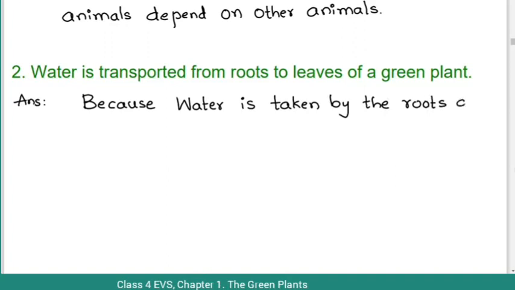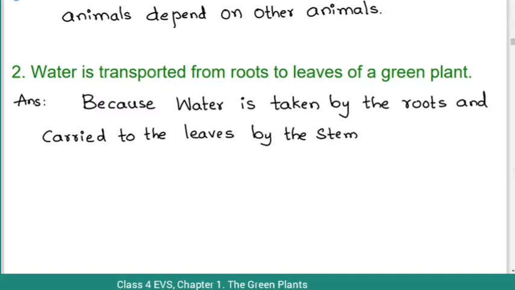Carried to the leaves by the stem to prepare food.